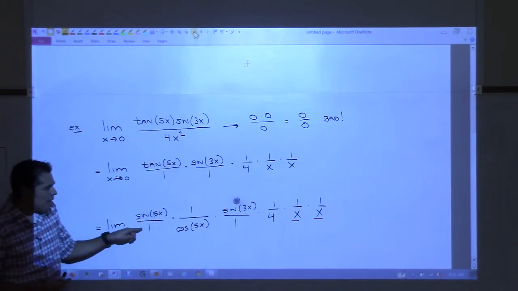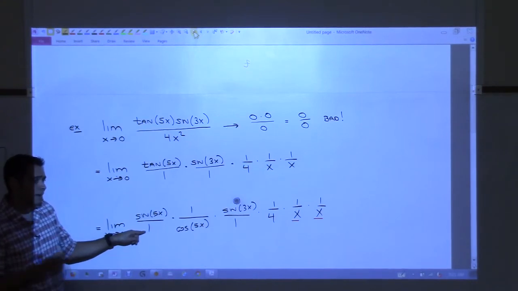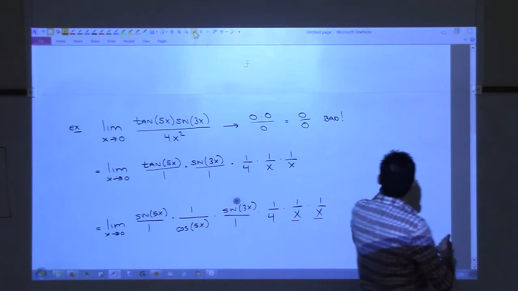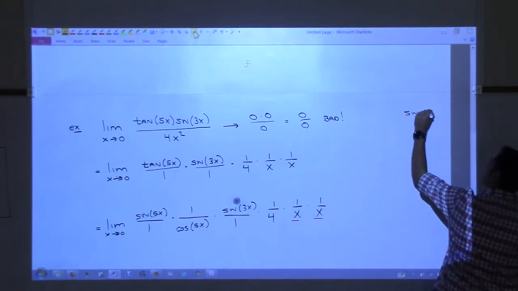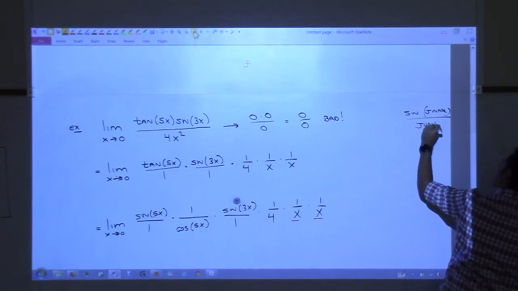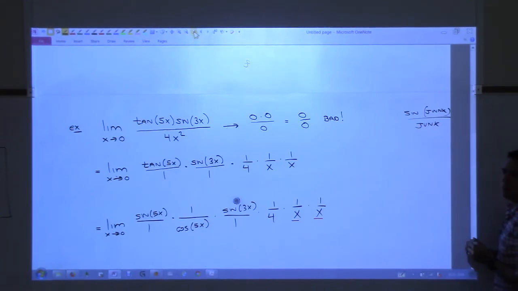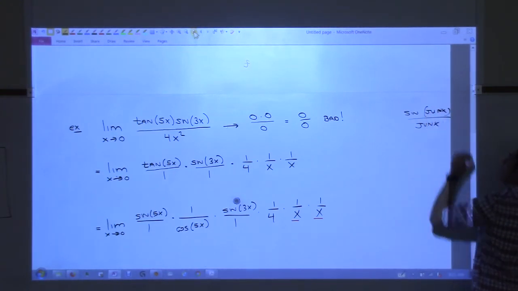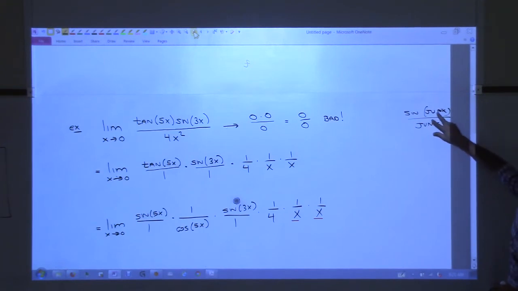If you had 5x down here, then it would have fallen into this form of sine junk over junk, and the junk would have matched. Okay, so what would our junk be over here?